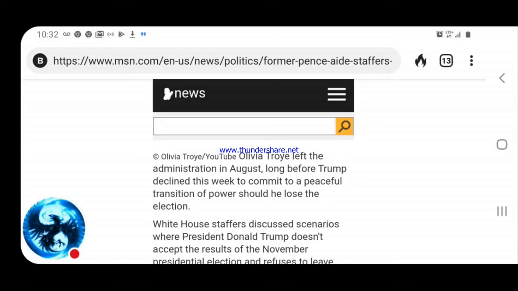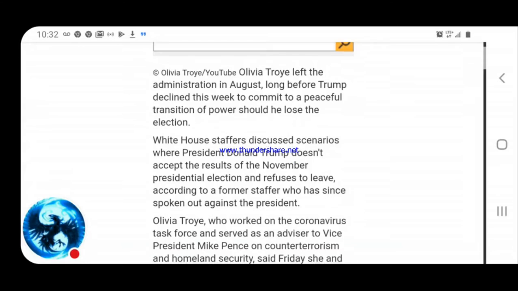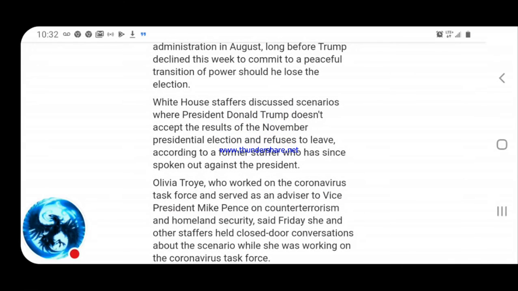Olivia Troy left the administration in August, long before Trump declined this week to commit to a peaceful transition of power, should he lose the election. White House staffers discuss scenarios where President Donald Trump doesn't accept the results of the November presidential election and refuses to leave, according to a former staffer who has since spoken out against the president.